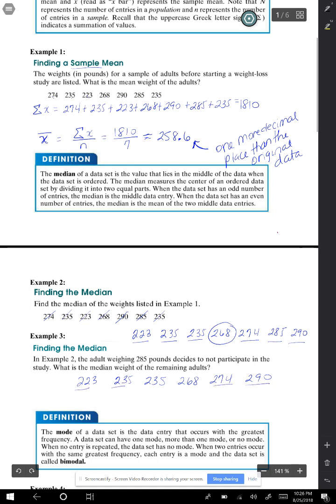So when you go from the ends, that leaves 2 numbers in the middle. And so what you do when there's 2 numbers left in the middle is you find the average of them. So you add and divide by 2. So we would add 235 and 268 and then divide by 2. So this would come out to 251.5, and that would be your median.